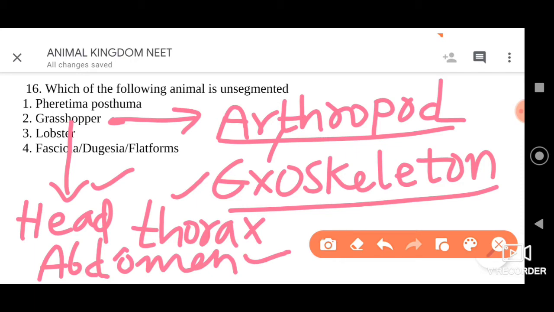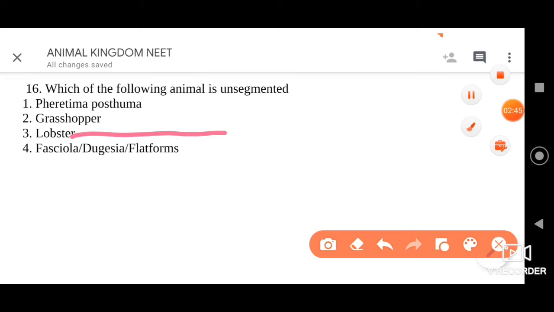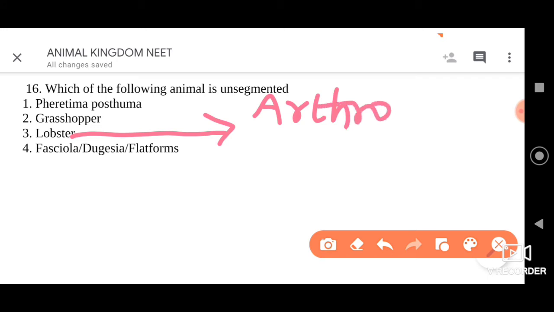So as it is an arthropod, it is also segmented. Arthropods are segmented organisms as well. But the characteristic feature there is the presence of exoskeleton, the unique feature. Anyway, dear students, moving on to the next option, we have lobster. See, lobster is also an arthropod.